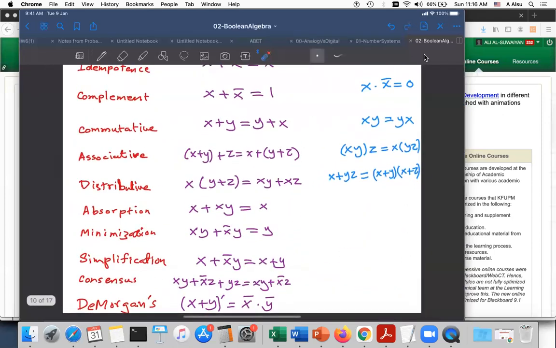So continuing, who can tell me what is the dual of the absorption law? Come on, guys. This is the law I'm talking about, the absorption law. What is the dual of this law?